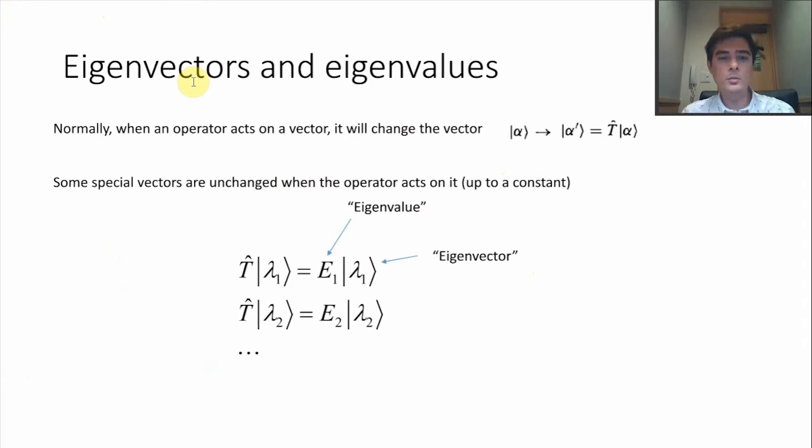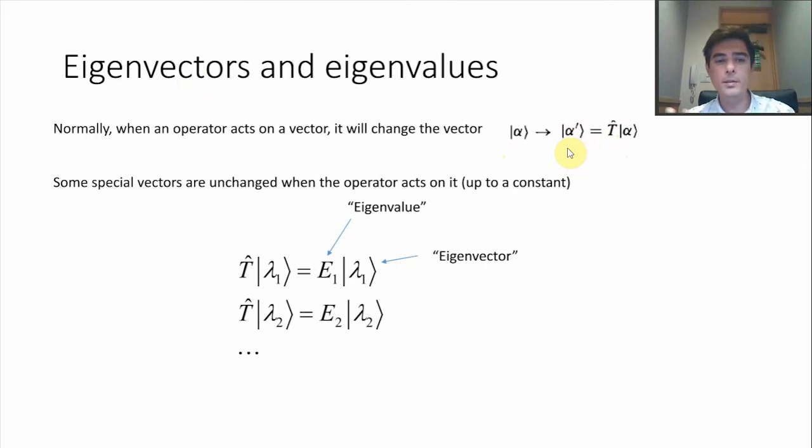Okay, so let's move on to the last bits of these matrices. As we've been discussing, normally when an operator acts on a vector, it will actually change the vector, right? So applying T onto alpha will normally give you a different vector.